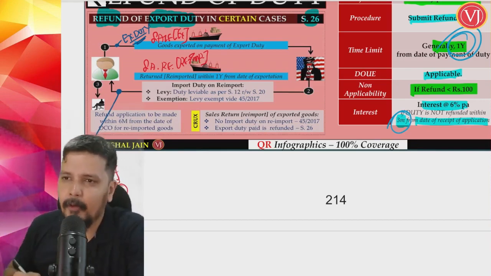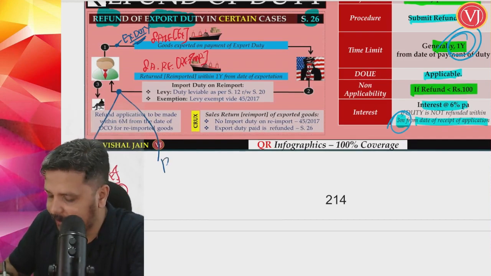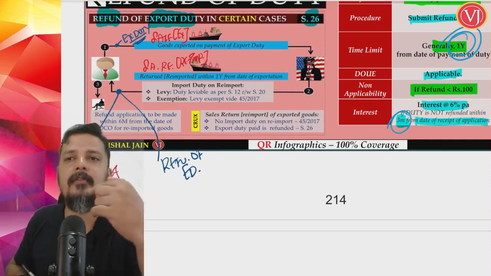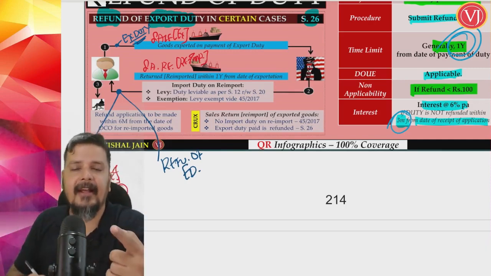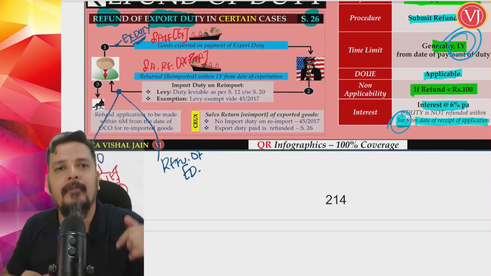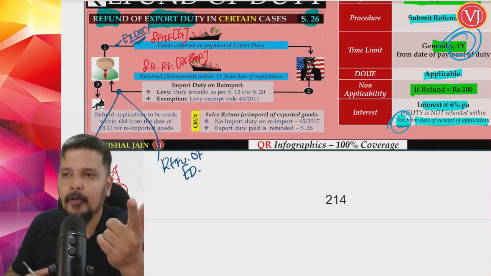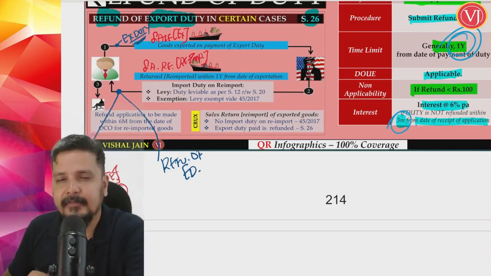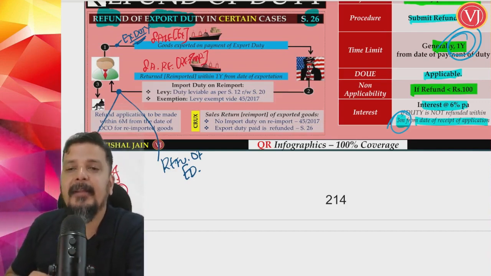You will get the refund of export duty also. The goods went outside, they came back. It should be free of any taxes. You have paid export duty, you will get back the export duty. Import duty is never there. There's no question of getting anything back. There will be refund of export duty.